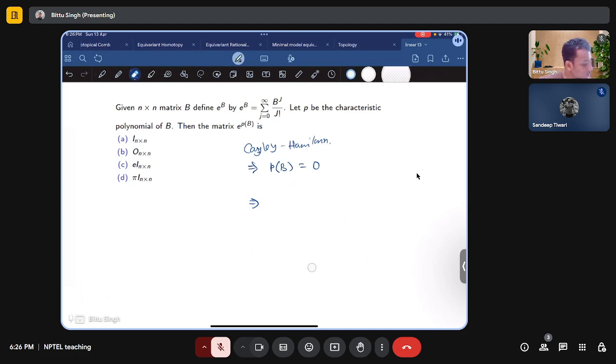I am doing something wrong. e to the power b is defined explicitly: the first term is b to the power 0 by 0 factorial, which is defined as I. Then the second is b by 1 factorial, b square by 2 factorial, b cube by 3 factorial, etc. Therefore the first term is I, and then we put in the value of b.